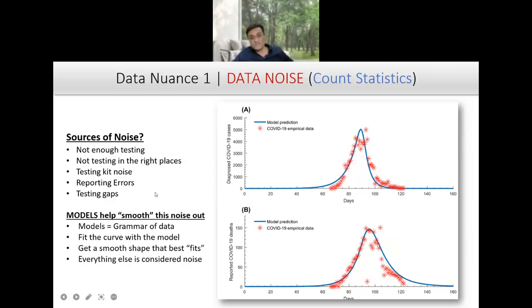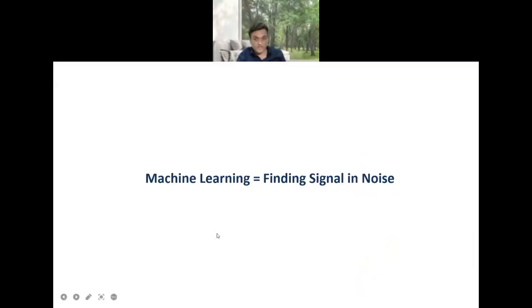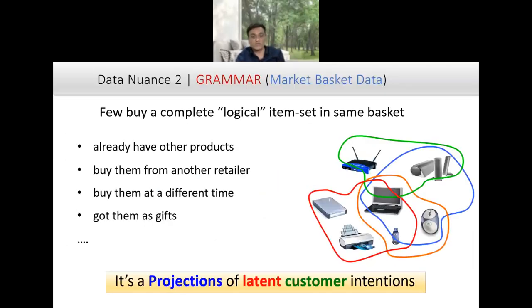Reporting error, sometimes it is negative, but somebody has written positive. Testing gaps, if you are not regularly being tested, then maybe something different. So there are lots of things we can talk about: data can be taken in different ways, and data can have lots of different references also, and that is very important.